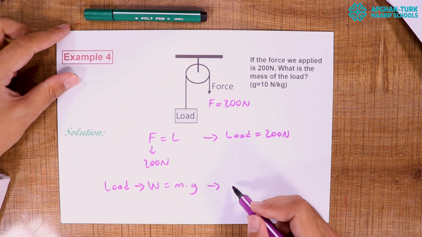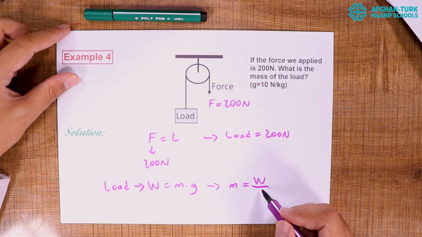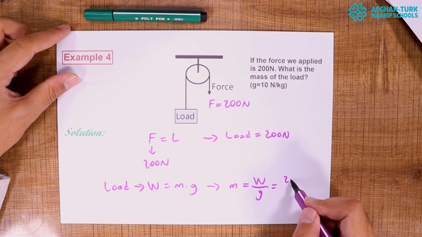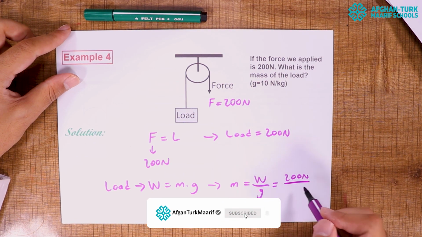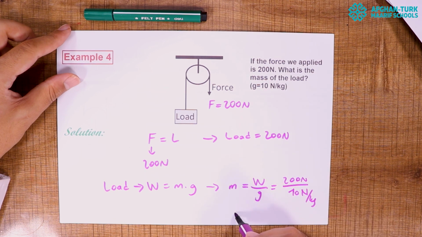So I'm looking for the mass. Mass is equal to weight divided by g, the gravity, and that is equal to 200 Newton divided by 10 Newton per kilogram, and that's equal to 20 kilogram.